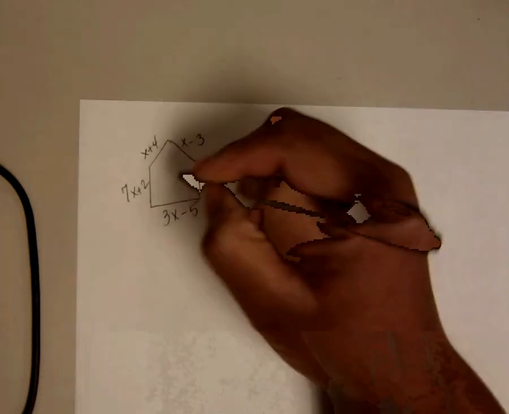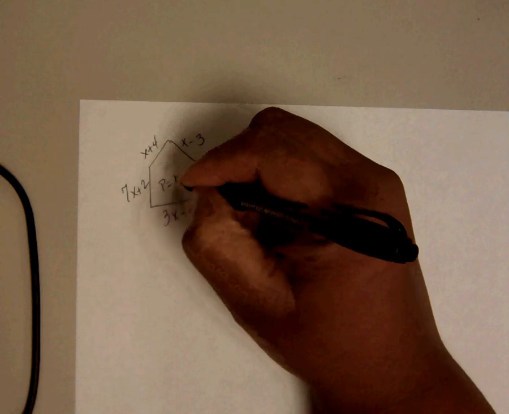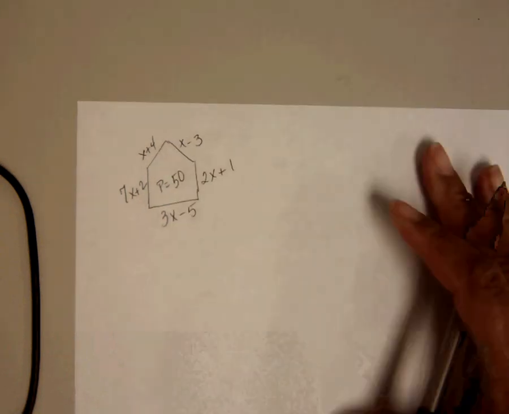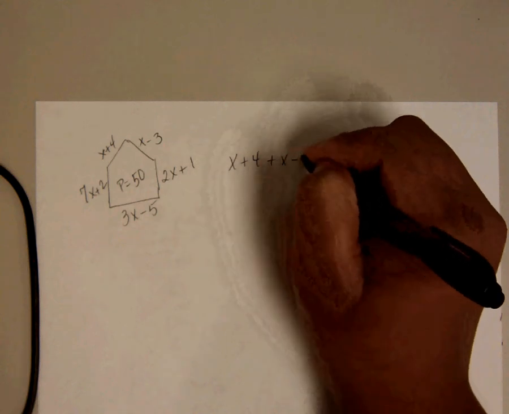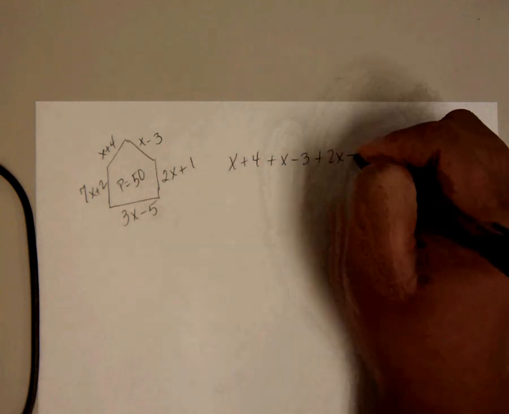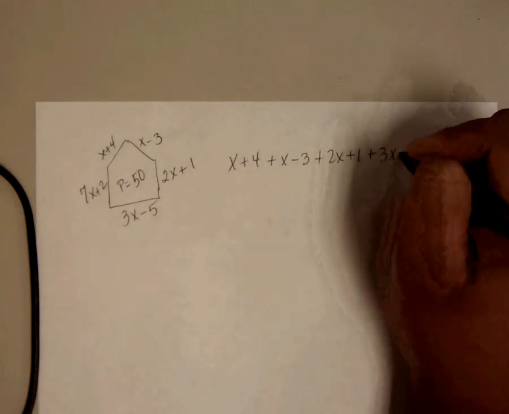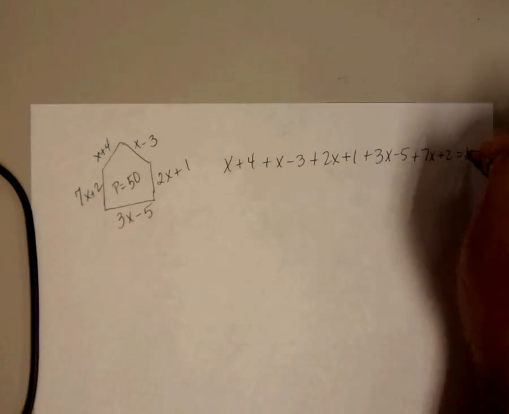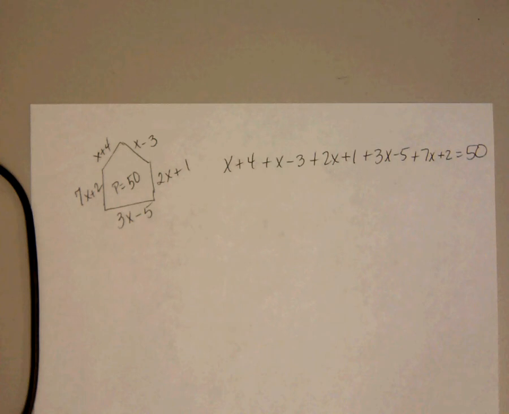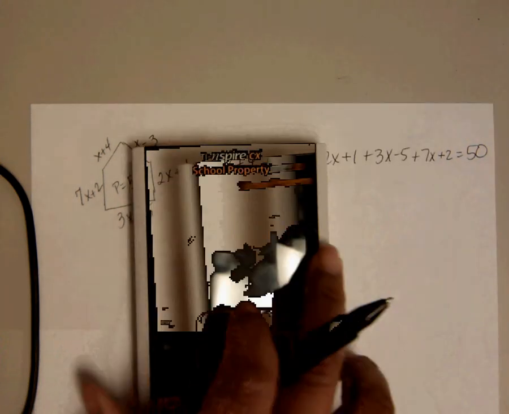And I'm going to tell you that the perimeter is 50. So how do we set this up? x plus 4 plus x minus 3 plus 2x plus 1 plus 3x minus 5 plus 7x plus 2 equals 50.